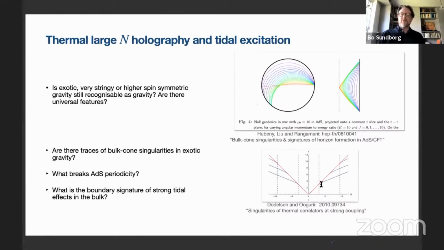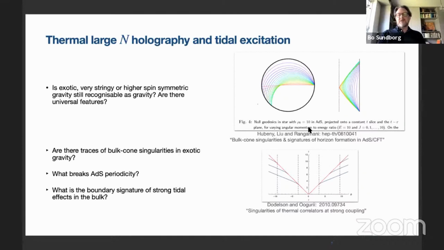from a much more recent paper by Dodelson and Iossa for a similar situation. This is a black hole rather than a star. You will see this line painted by the light rays on the boundary, which is slanted compared to the actual light cone on the boundary.